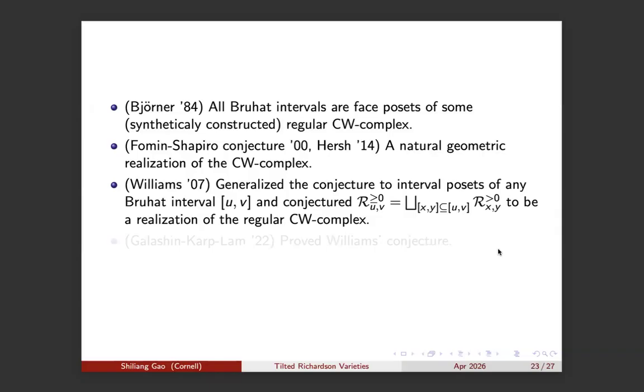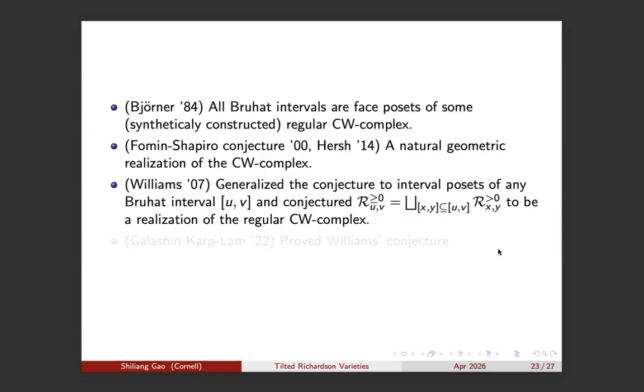And she conjectured that if we look at the Richardson variety and intersect it with the totally nonnegative part of the flag variety, it has a decomposition into a bunch of smaller pieces, where each piece is labeled by a subinterval of [u,v].